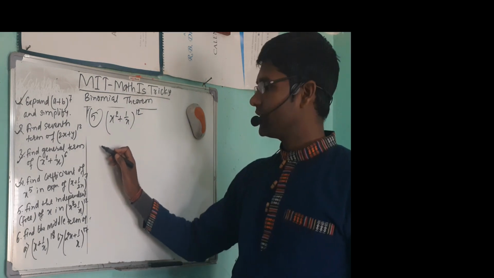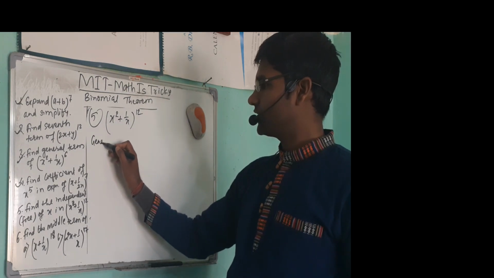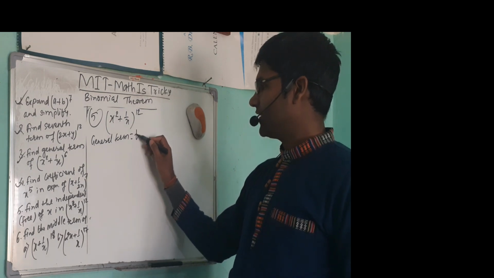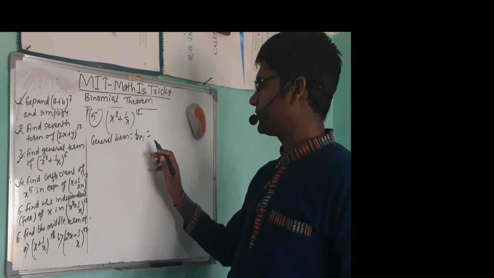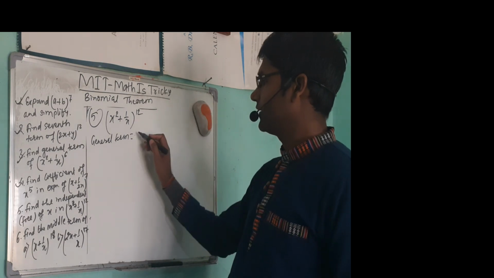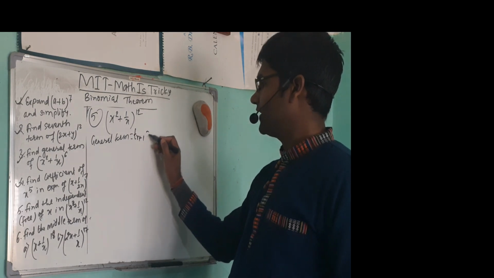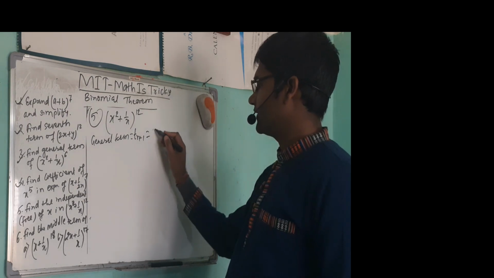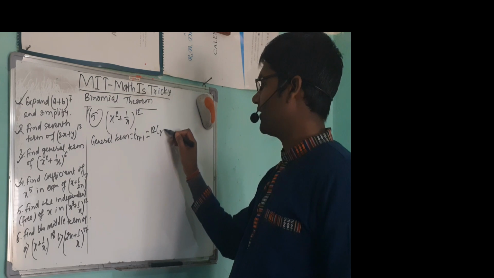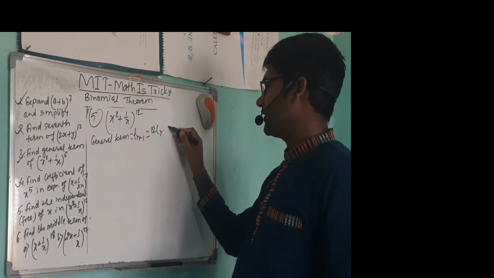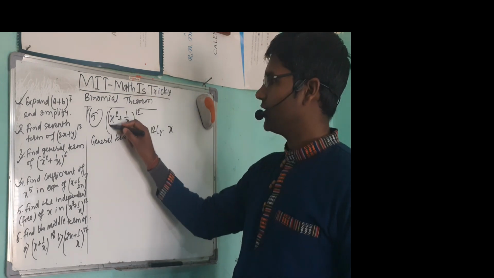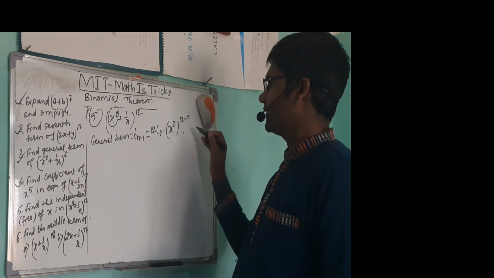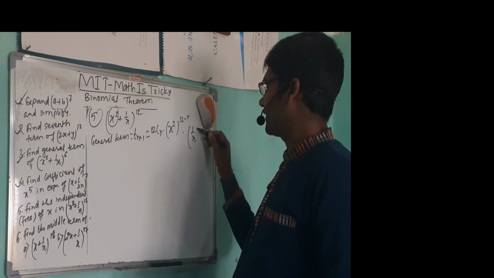So for this also we'll find the general term. What is the general term? We can write the general term is T(r+1). Remember that. So it is C(12,r), and a is x squared, so power n minus r, 12 minus r, times (1 by x)^r.